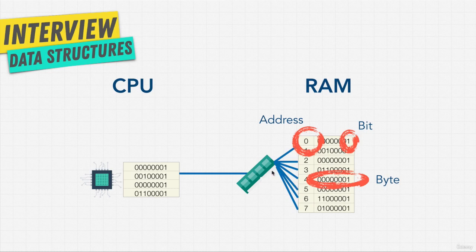Now, this direct connection to the CPU is important because the CPU asks the RAM, hey, what's in shelf number 0? And the memory controller actually has connections individually to all of these shelves.